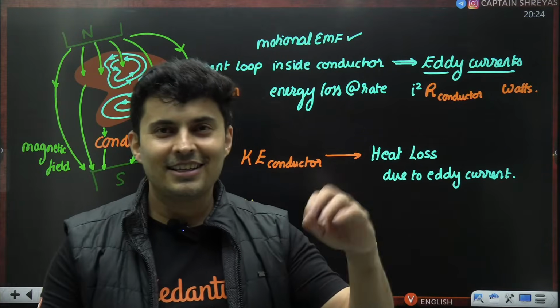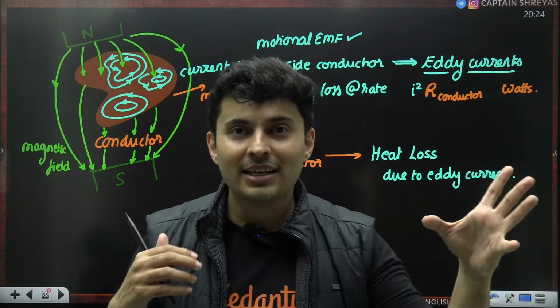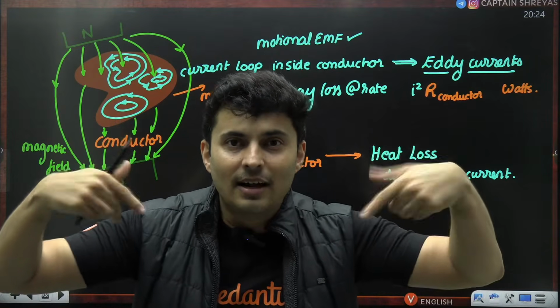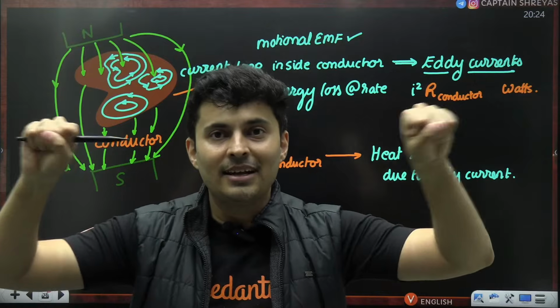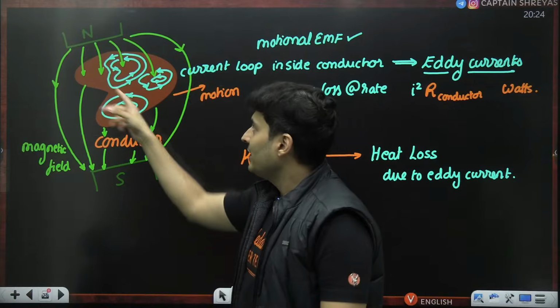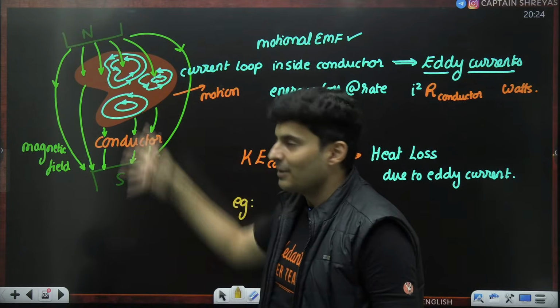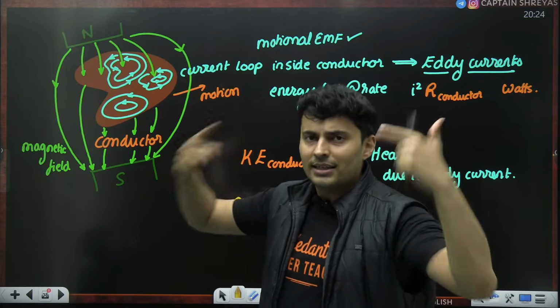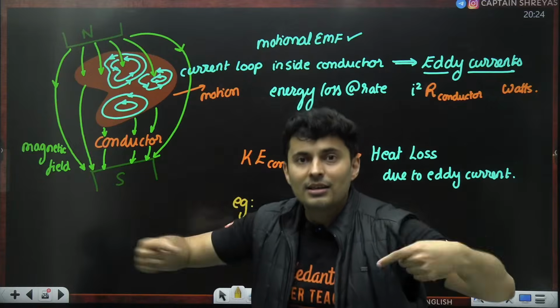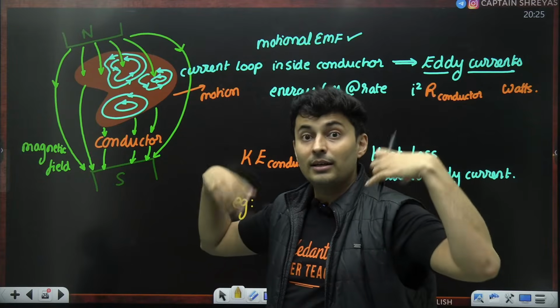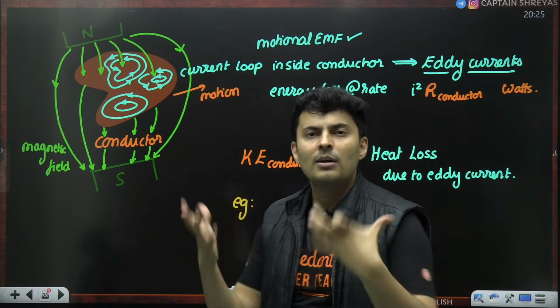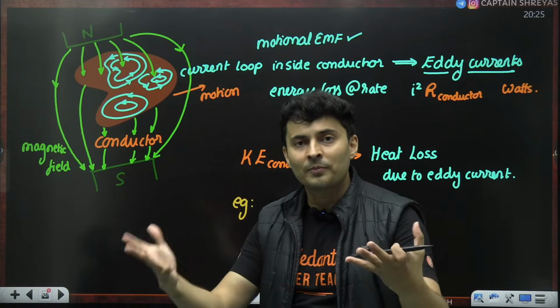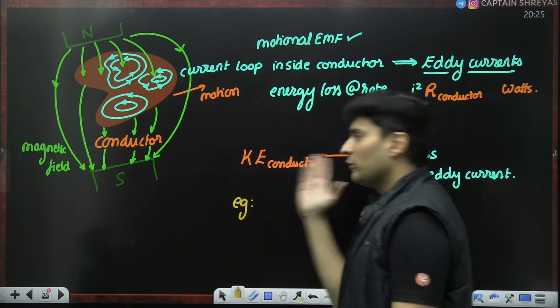Imagine there is a car, there is a truck, there is a train, it is moving, and those wheels are made of metals. I bring a magnet close to it. Because the wheel is moving, conductor is moving inside a magnetic field, eddy currents are formed within that wheel, and those currents will create I squared R heat loss, and a lot of heat will be generated. Where is this heat coming from? Law of conservation of energy, from kinetic energy.